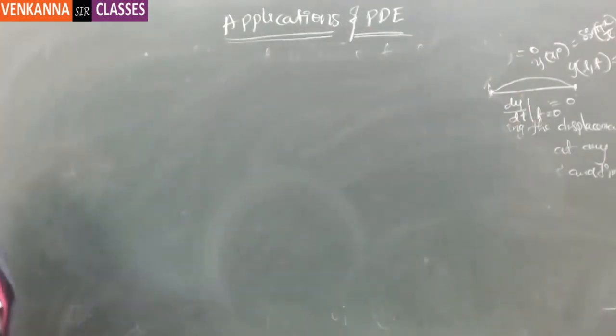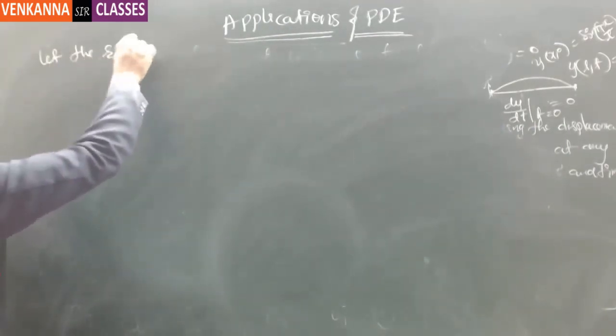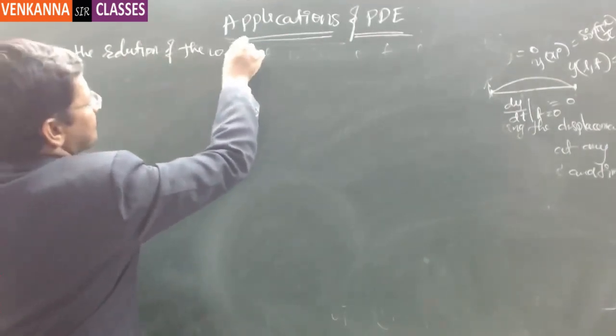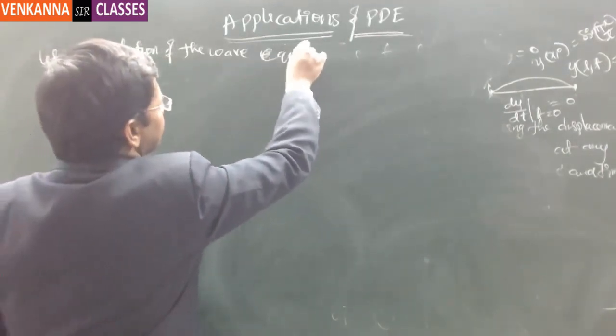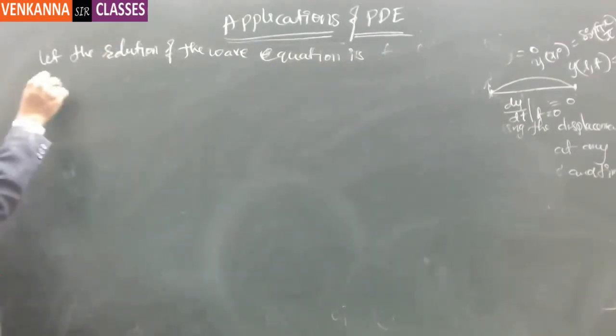So initially we assume the solution. Let the solution of the wave equation be y of x comma t.